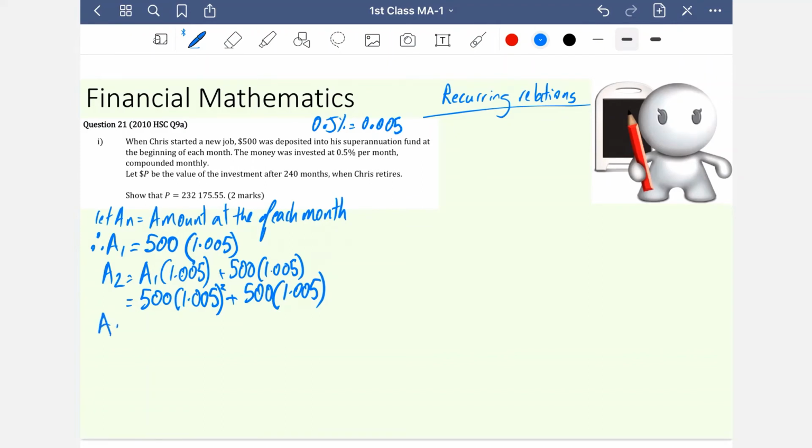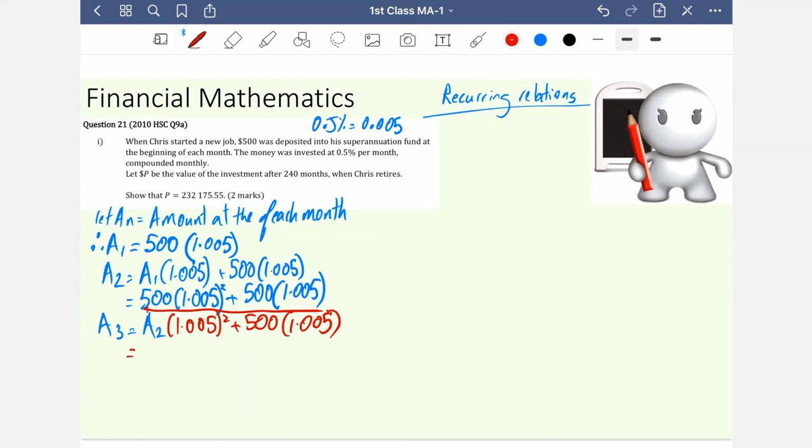Now, A3, and you only need to do this 3 times, is the same as A2, which is this whole statement over here. And I'm going to be multiplying it by 1.005 once again, and then I'm going to, once again, add a further $500, which at the end of that third month will have accrued interest.